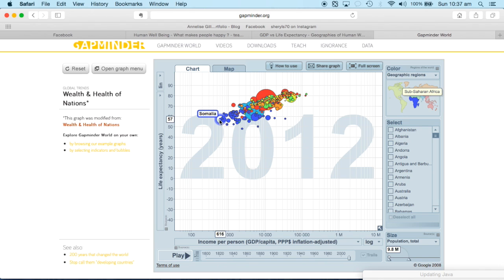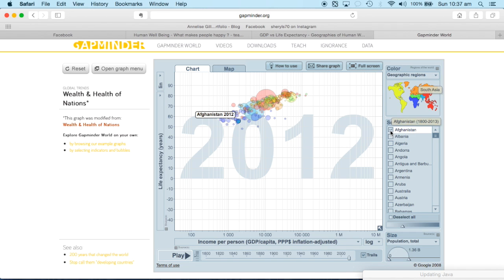Remember, if you hover your mouse over the individual countries, it will give you the names of the countries. And the size relates to, if we look down here, the population total. So the larger the circle, the larger the population. And remember also that we can select individual countries by using this code down here.